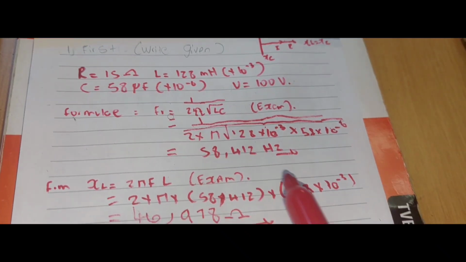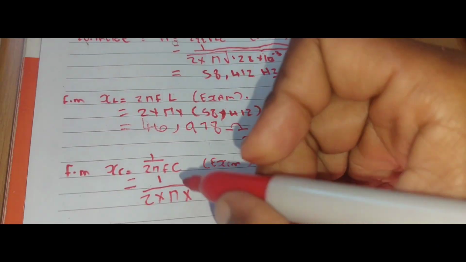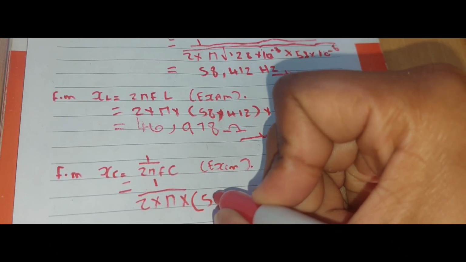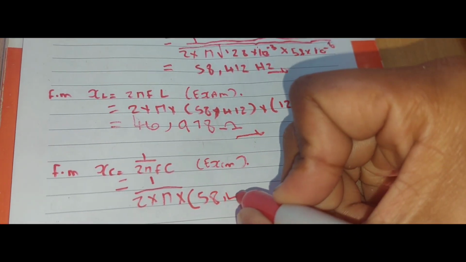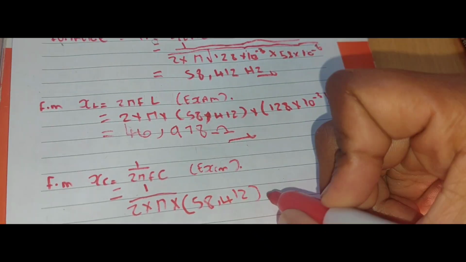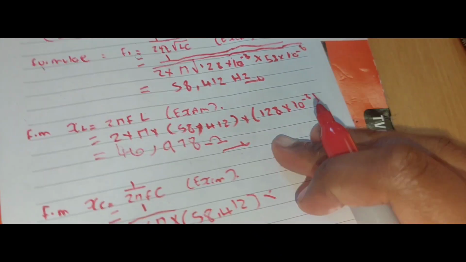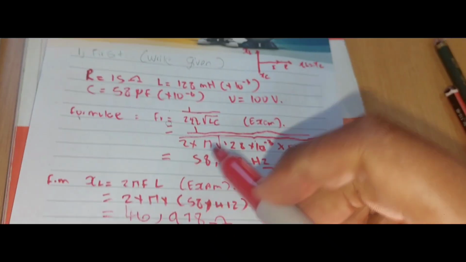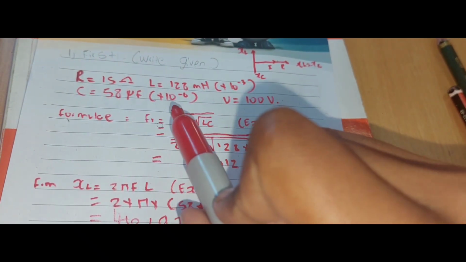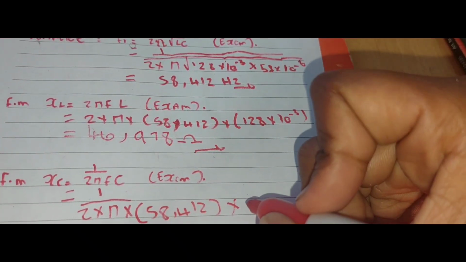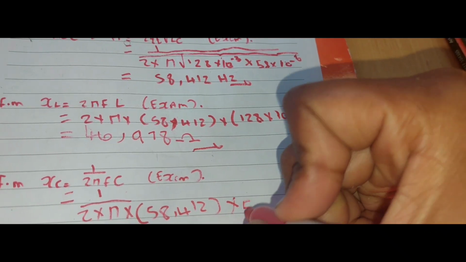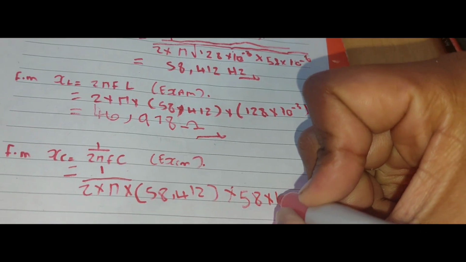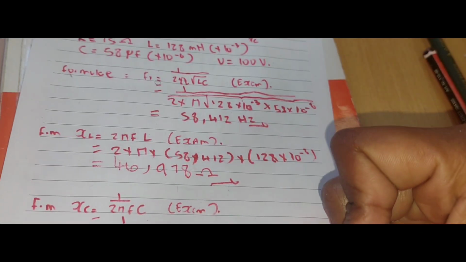The frequency is 58,412, and the capacitance will be 58 times 10 to the power of negative 6.